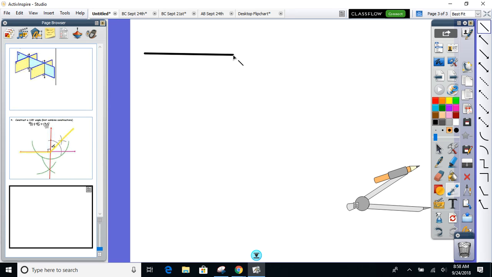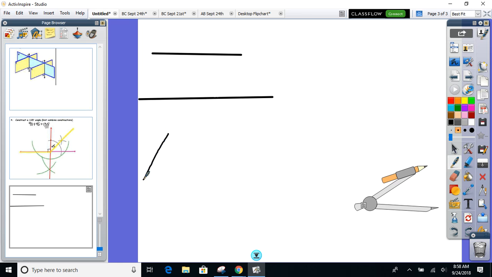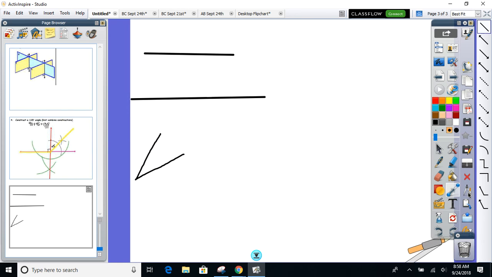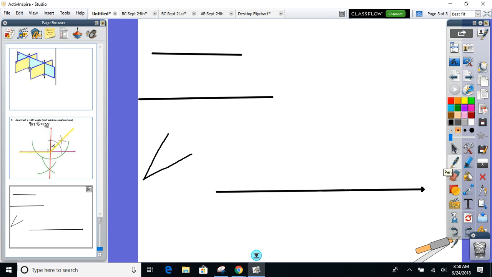Okay, so let's say it's got to be that segment, and that angle, your triangle. Okay, so the first thing I do always is, I'll probably provide one if I have this construction on there. Get a ray going, copy one of the line segments up there. If I can get my compass back.